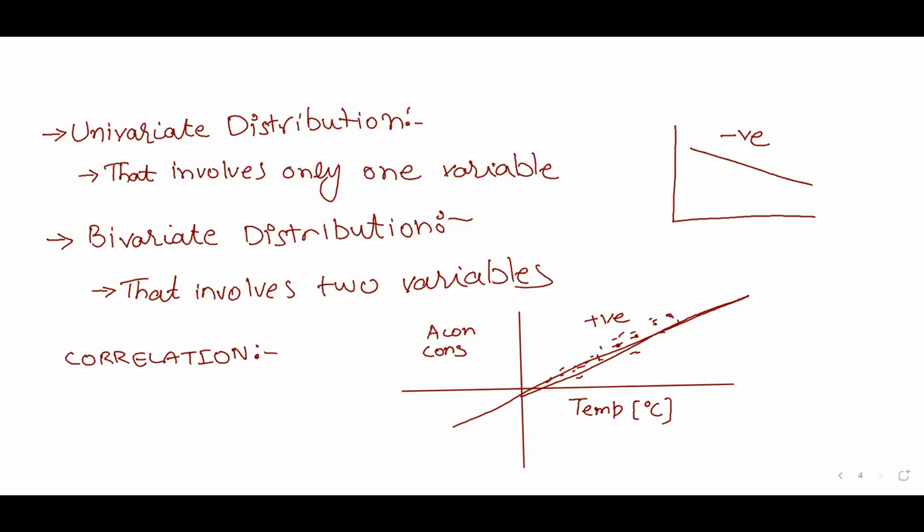The correlation value ranges from -1 to +1. +1 means perfectly positively correlated. -1 means perfectly negatively correlated.